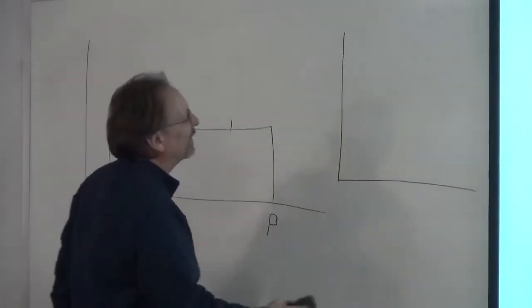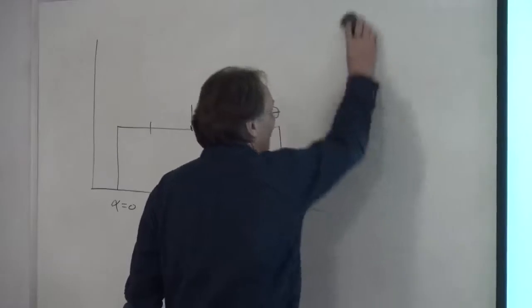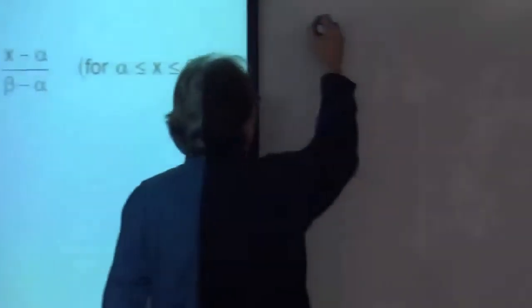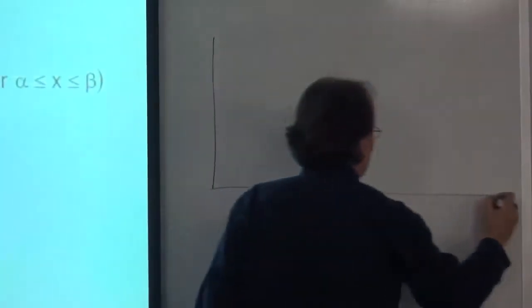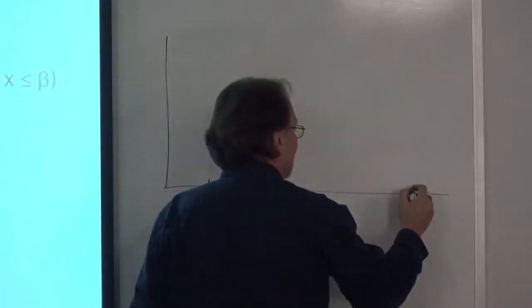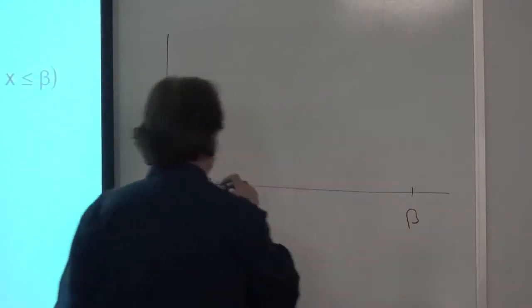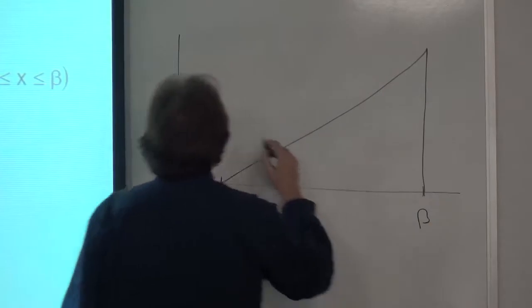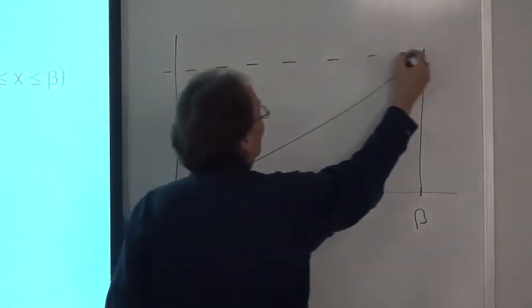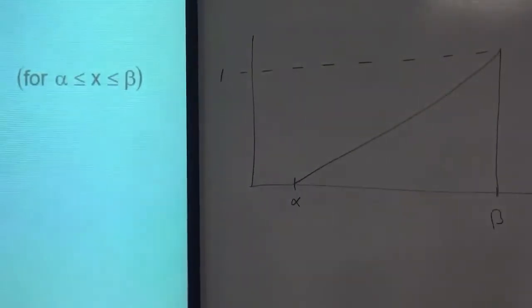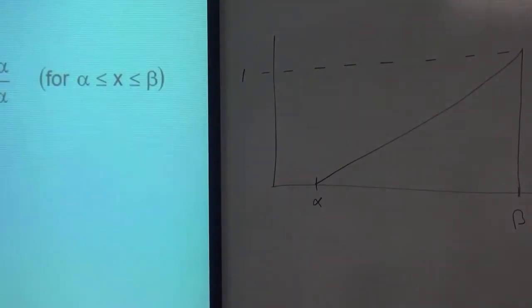The cumulative function, I'll draw it over here. It's like this. Where that's 1. It's just a diagonal, straight line.